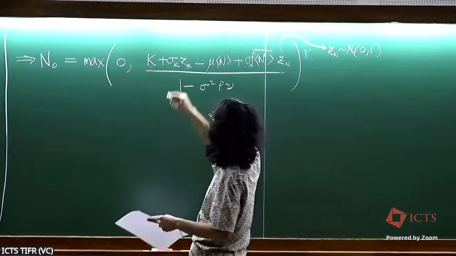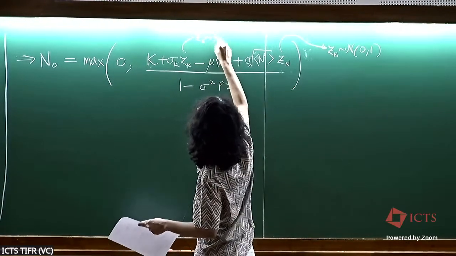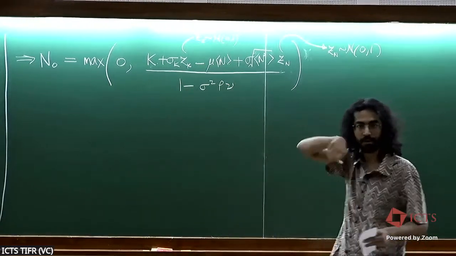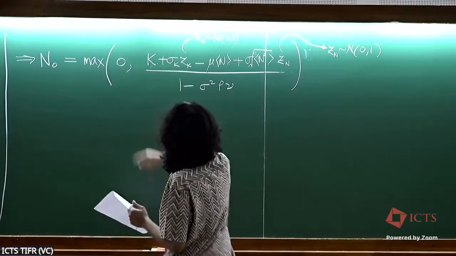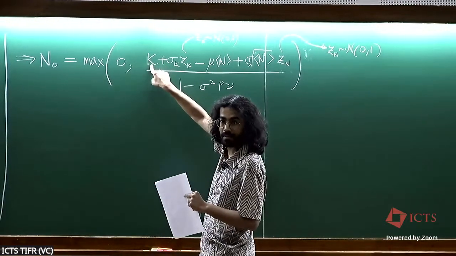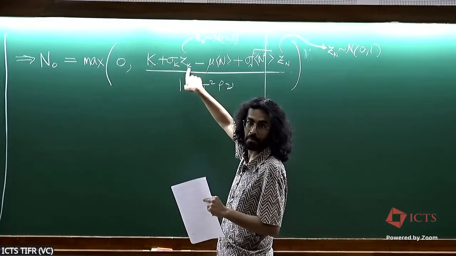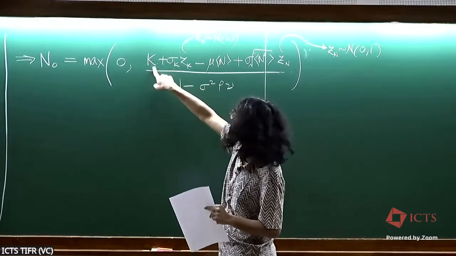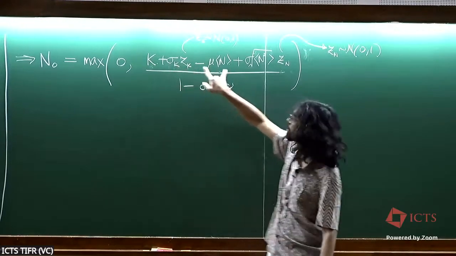Zk is again some other standard normal variable. So that was my ensemble for k, where k is the mean k. This is just the standard deviation times some random number. That's a constant, and that's a Gaussian random variable.